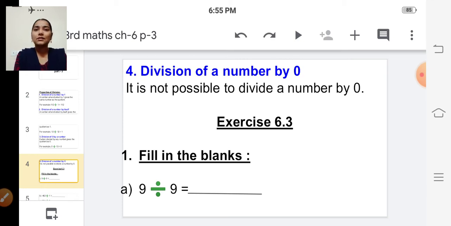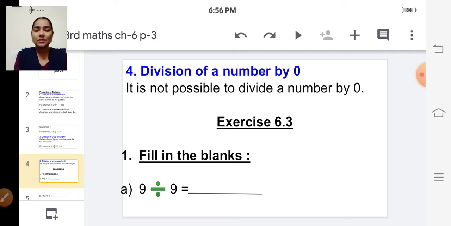The third, if we divide 0 by any number, then we get the quotient as 0. And the fourth is, it is not possible to divide any number by 0. So using these properties, we are going to solve some problems.